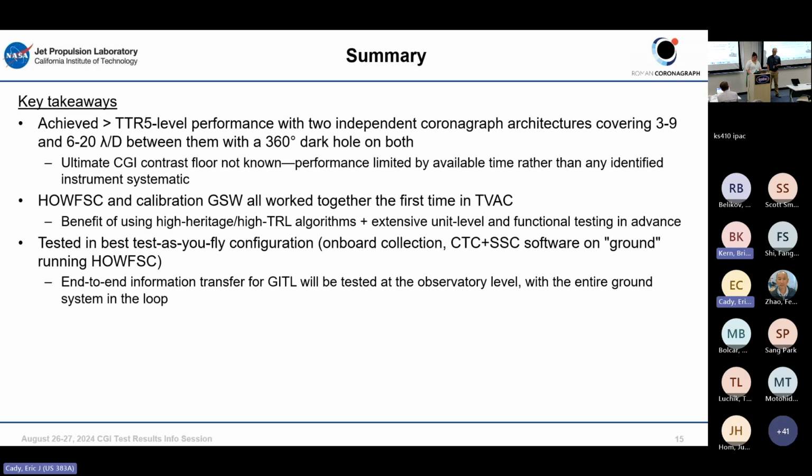The only thing that's different perhaps is that at the observatory level there's no stimulus, there's no CVS, so we can't do real coronagraphy in real time. So SSC will be doing an injection where they'll be injecting in TVAC data that we'll be using to close the loop. But other than that, we're going to do it exactly like we're going to fly it.